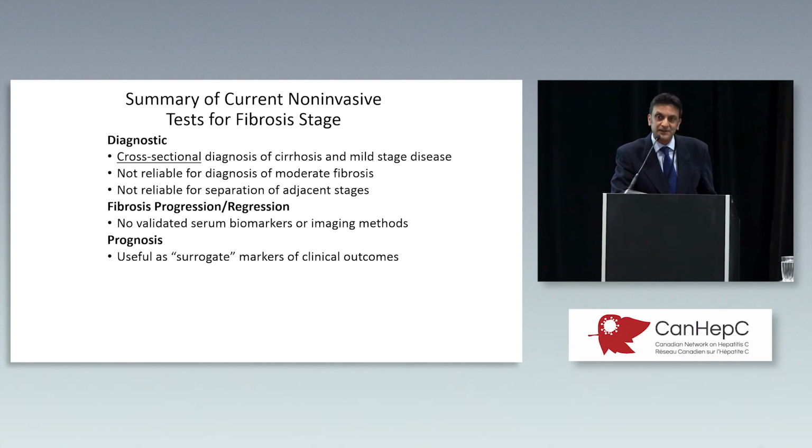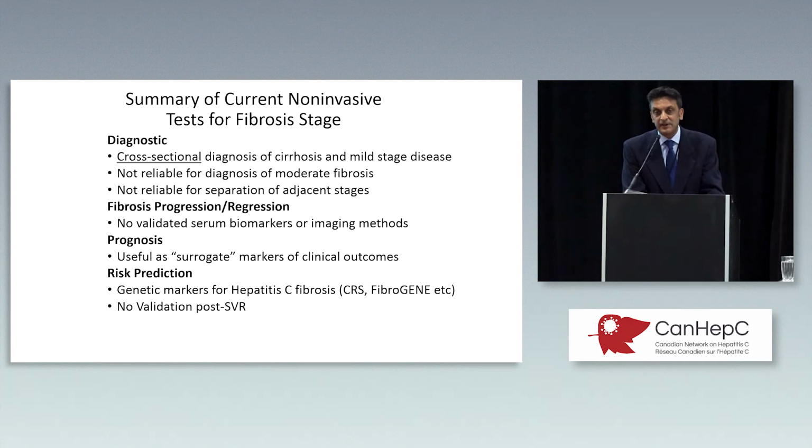Prognosis, I didn't get a chance to get into this. These are useful surrogate markers of clinical outcomes. And Dr. El-Sarraj showed you some utility in predicting patients' risk of HCC, for example. Risk prediction, I didn't have a chance to go into this, but there was a lot of interest in developing genetic risk predictors using the Celera CRS score, cirrhosis risk score, and FibroGene, etc., which incorporate IL-28B into their prediction model.